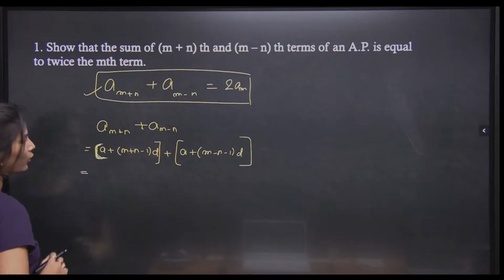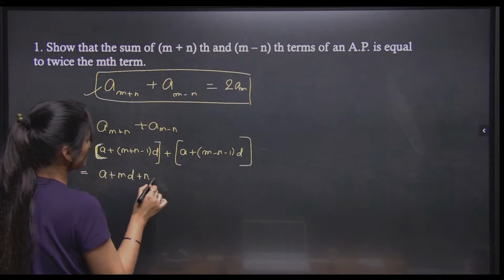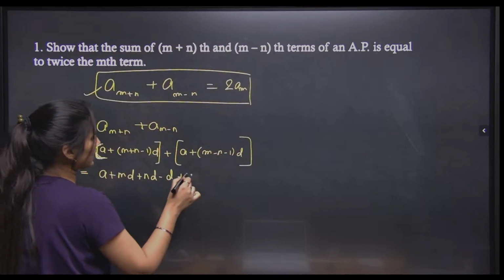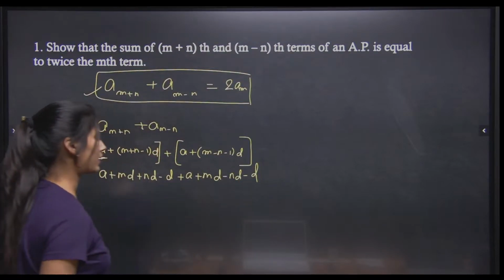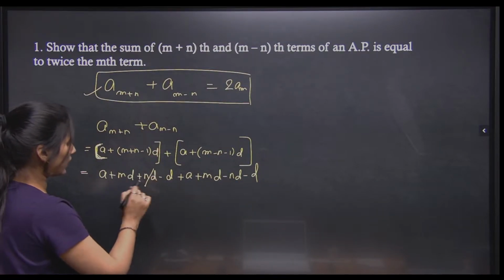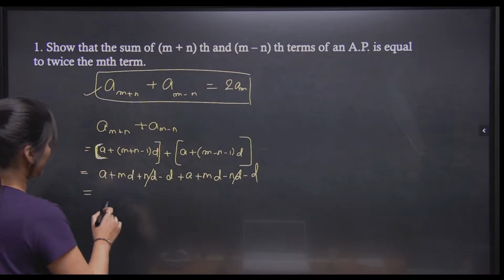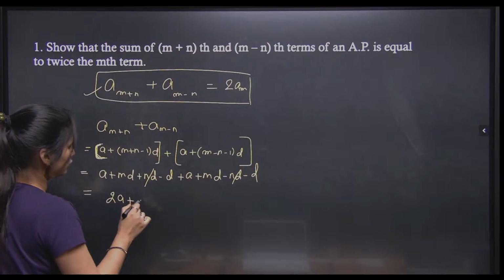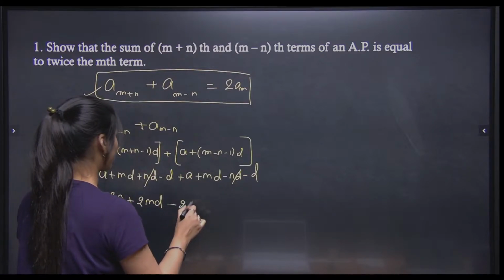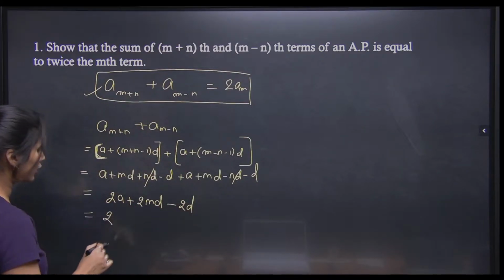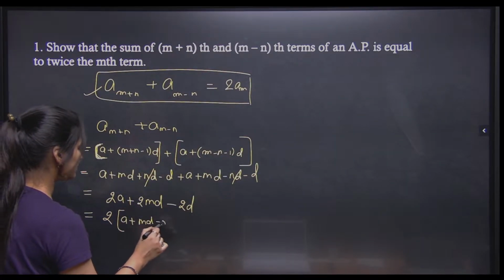So now we can open the bracket. So it is a plus md plus nd minus d plus a plus md minus nd minus d. Okay. Now we can cancel out nd with minus nd. So we have 2a plus 2 times md minus 2d. Or I can say that if I take common 2, it is a plus md minus d.